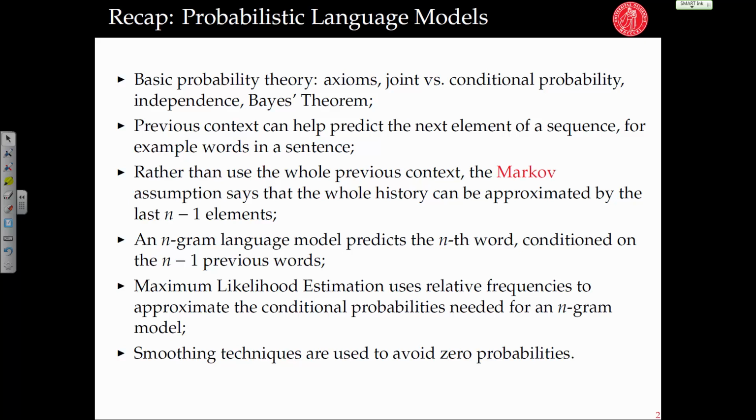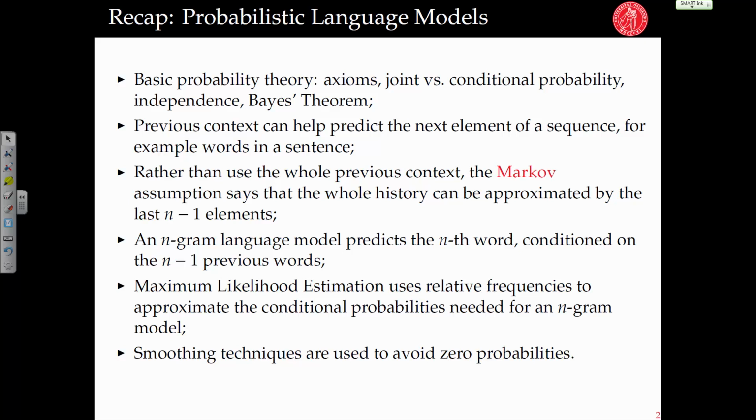So we had to rely on smoothing techniques, which in general terms are techniques that move some of the probability mass from frequent events to infrequent events. The specific technique that we gave is the add-1 smoothing, or the Laplace smoothing, where we assumed that no event will have a count of 0, but any event, or any bigram when we talk about language models, will have occurred at least once.